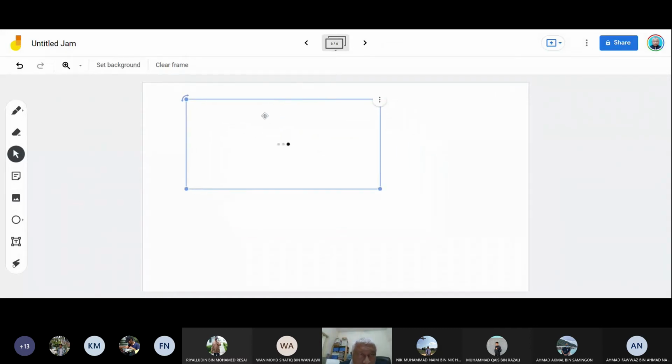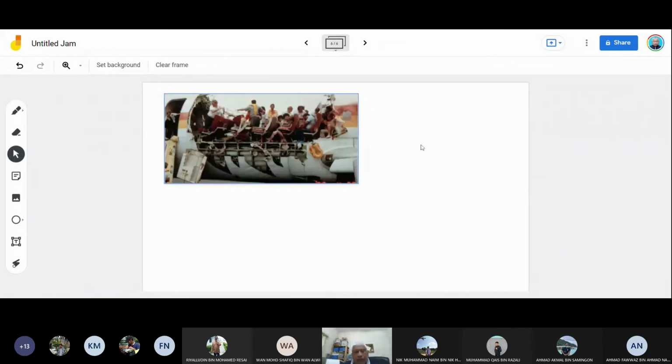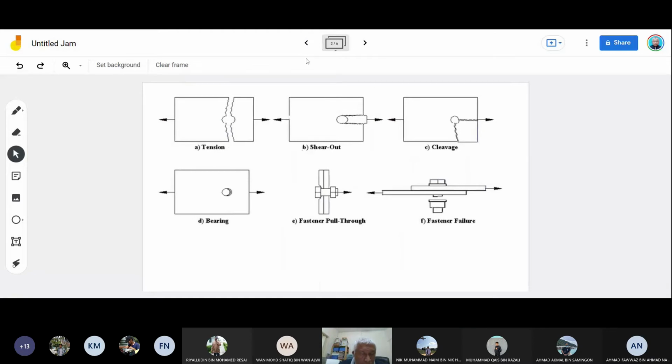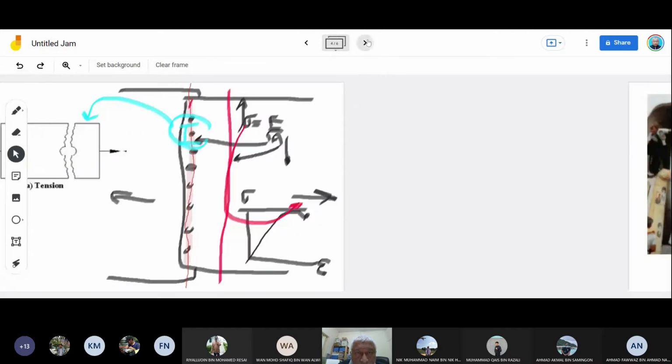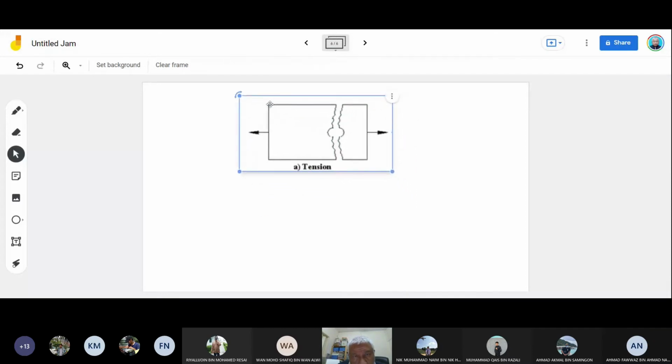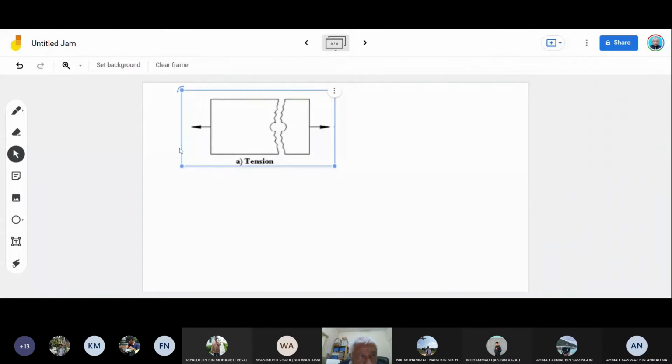Okay, let's do the analysis. So we talk about that lap splice, and we say, okay, this joint here, let's say it has a force of 3,500 Newton.